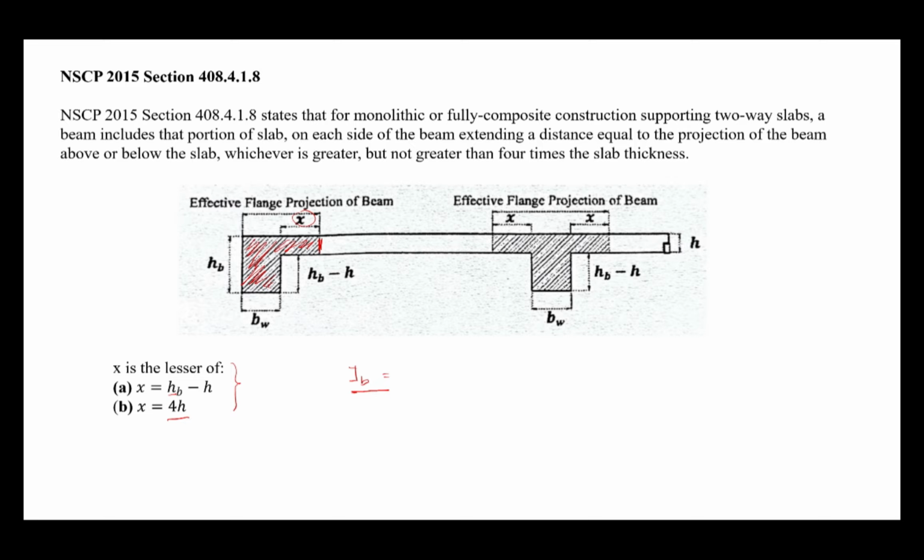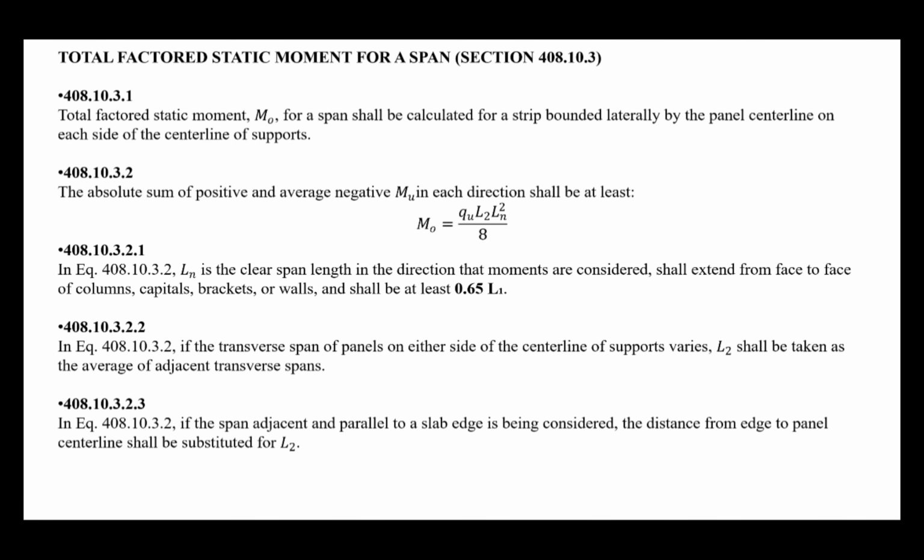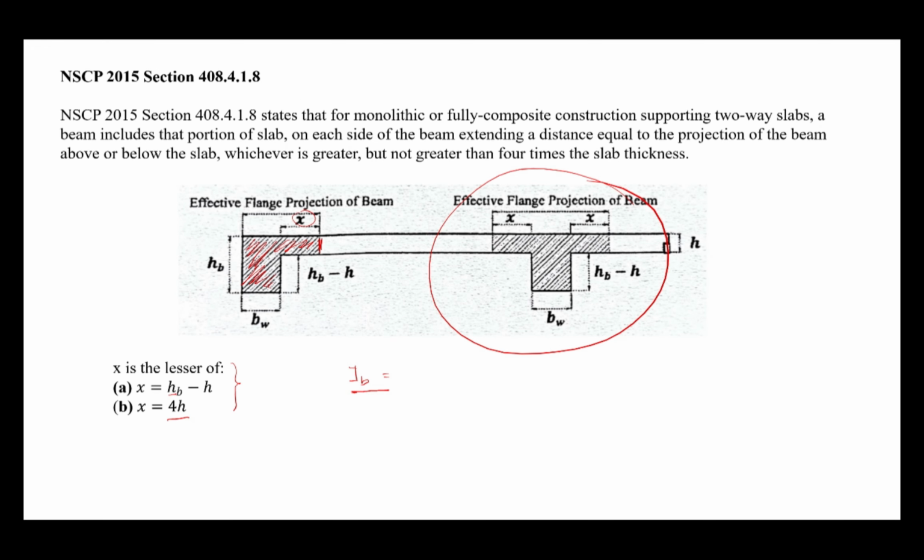Okay? For instances in which the beam is situated in continuous ends of the slab, as here, the computation of x will be in this manner. That is, we have two x's in here.